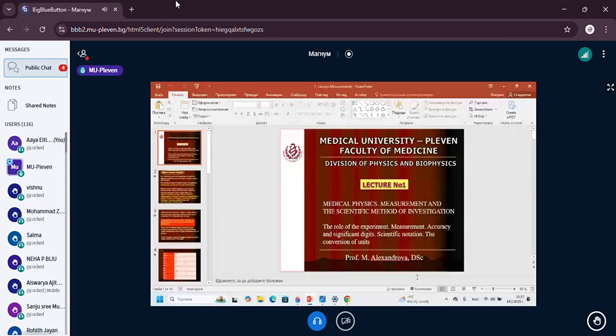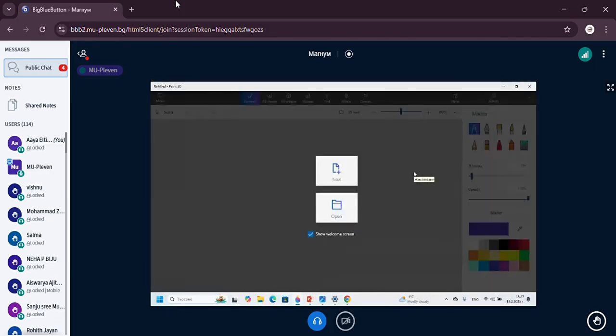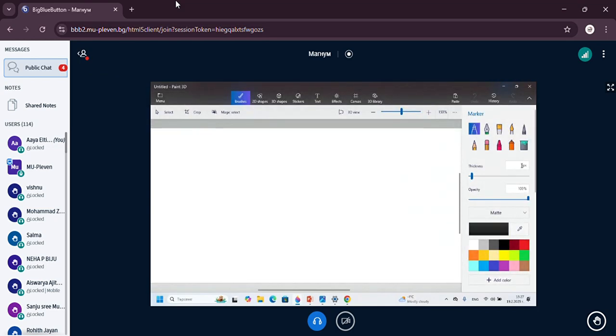We've got meter, kilogram, second, Kelvin, mole, ampere, and candela.